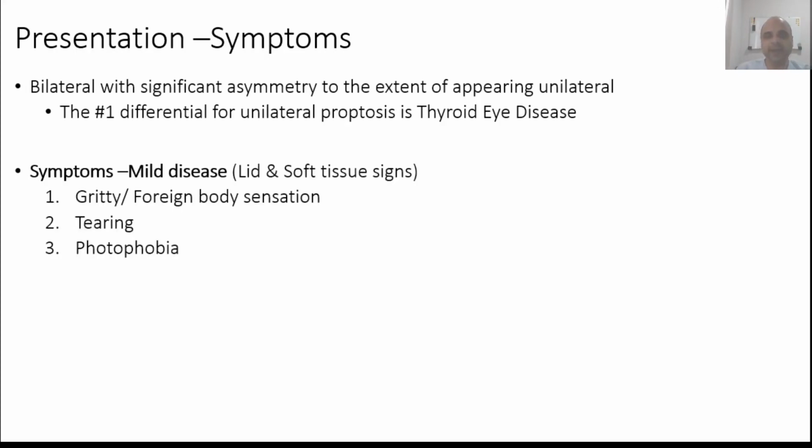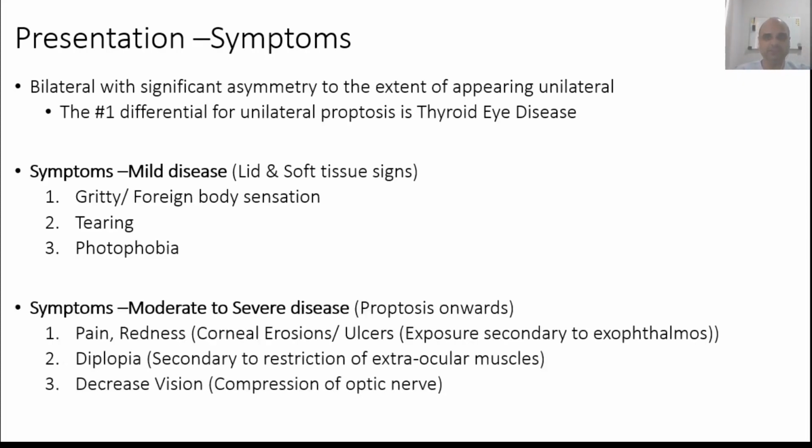So, in mild disease, something in which the patient might come out of without any morbidity, there is a gritty sensation, foreign body sensation, tearing, and photophobia. We'll just see why that is. It's basically because of soft tissue edema and lid edema. For a moderate to severe disease, that happens when you have proptosis. You can have pain, you can have a lot of redness, and this pain and redness could be because of exposure, as we'll see.